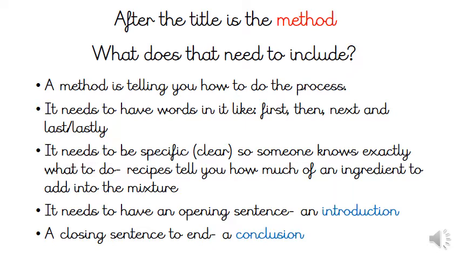Recipes tell you how much of an ingredient to add into the mixture. So if you want to pour in a bottle of medicine, you would say pour in a whole bottle or pour in half a bottle. It needs to have an opening sentence, which we call an introduction, and it also needs to have a closing sentence, which we would call a conclusion.